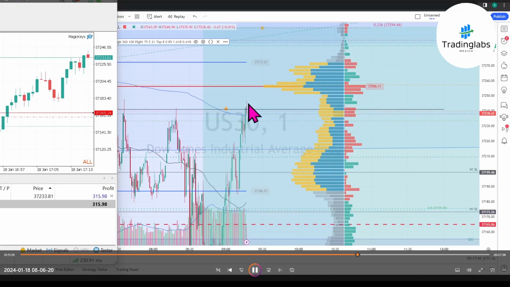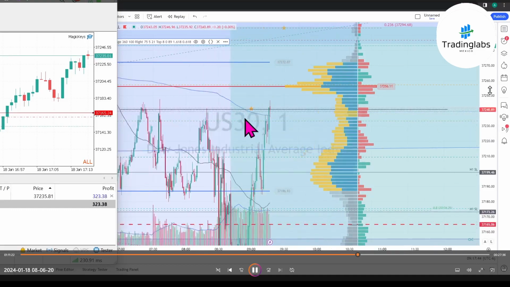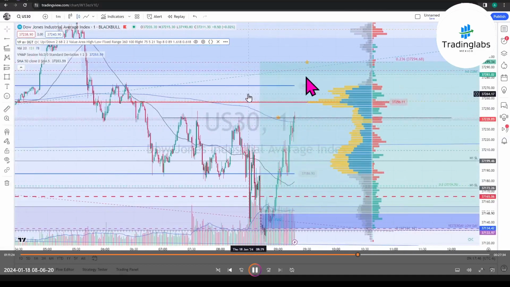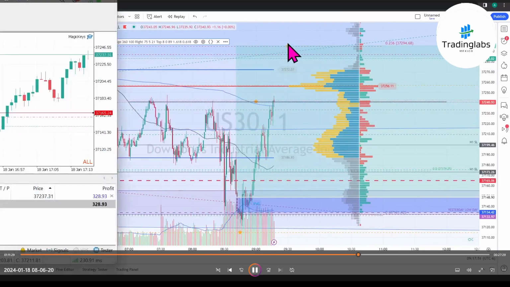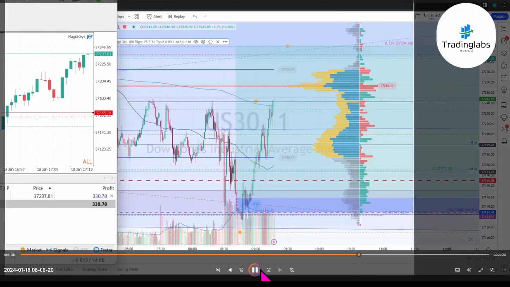I'm watching the shorts coming in, but I said if the shorts come in, they will come in from this zone, so that's why I held it this long. Another screenshot.